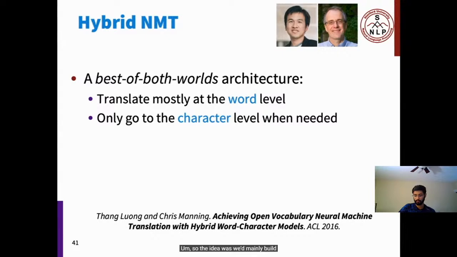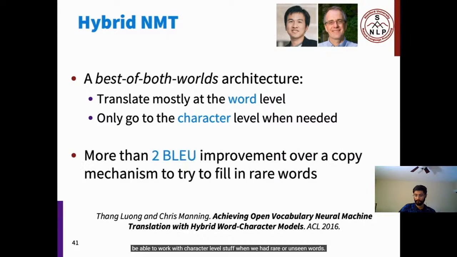So the idea was we'd mainly build a word-level neural machine translation system, but we'd be able to work with character-level stuff when we had rare or unseen words. And that turned out to work pretty successfully at improving performance.